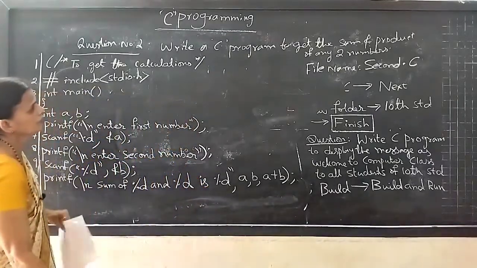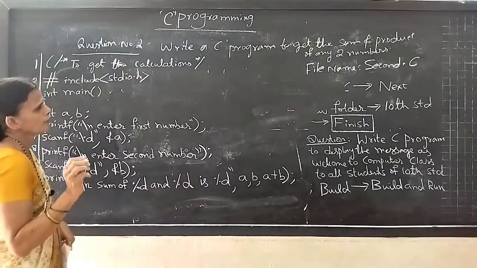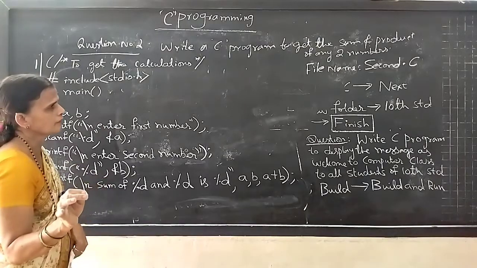In our question we want to get the total, and also the product. We have to get the answer of multiplication.